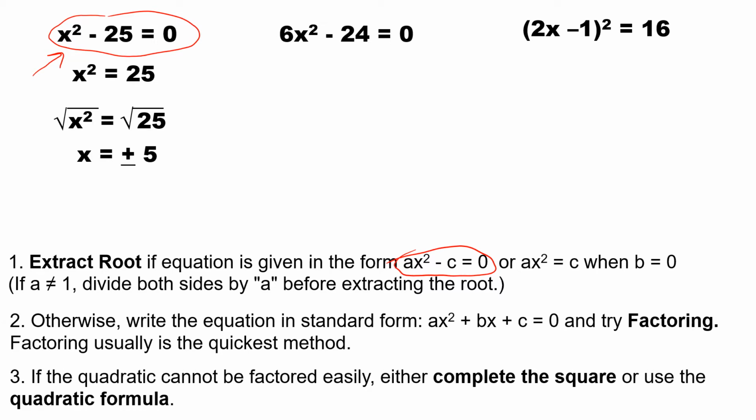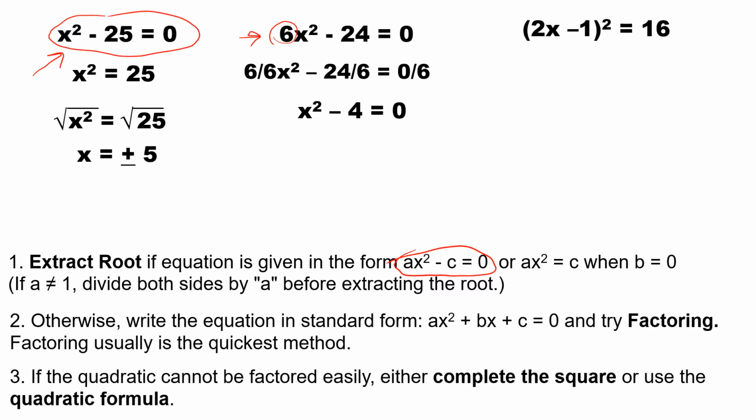This one here is also in the same format. We would extract the root, but the a is not 1, it's 6. So before you do anything, you're going to divide each term by 6. And what happens then is you end up with 1x squared minus 4 equals 0.